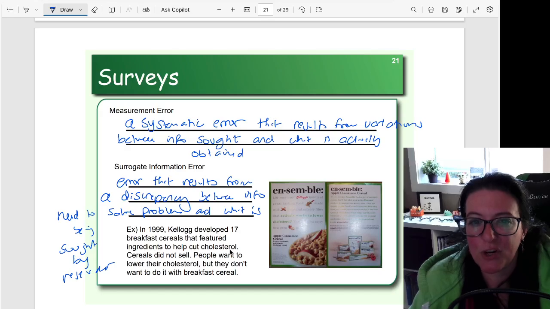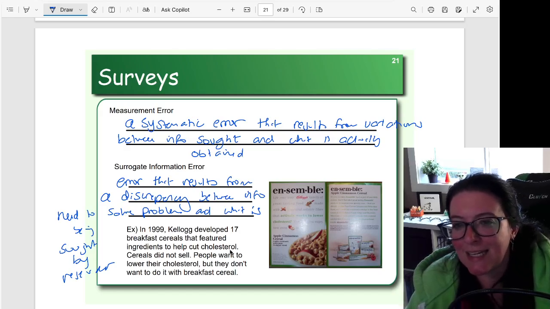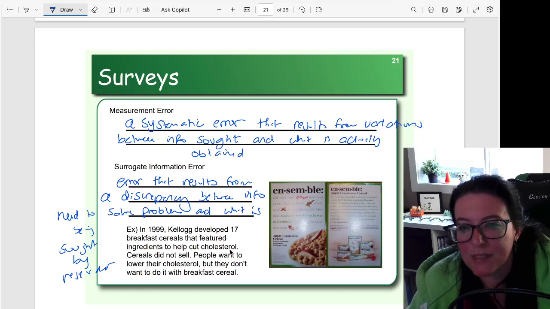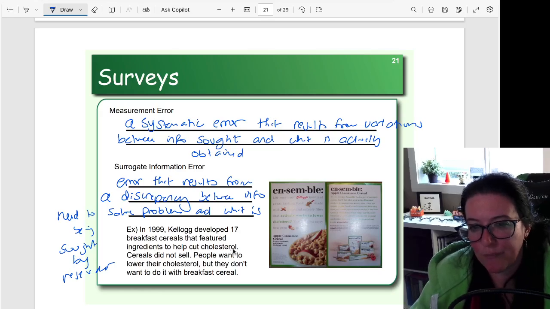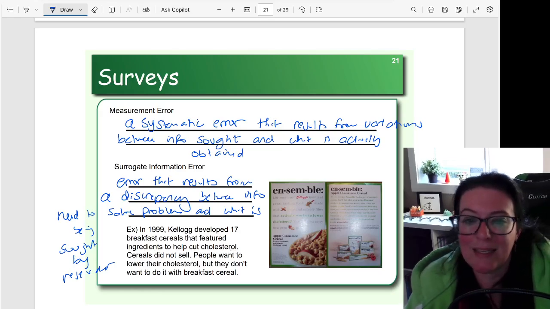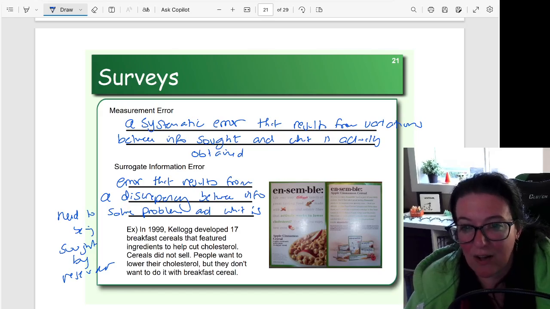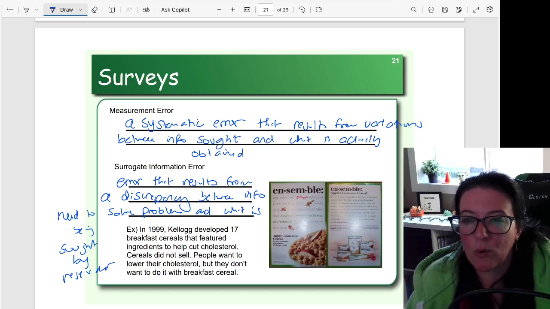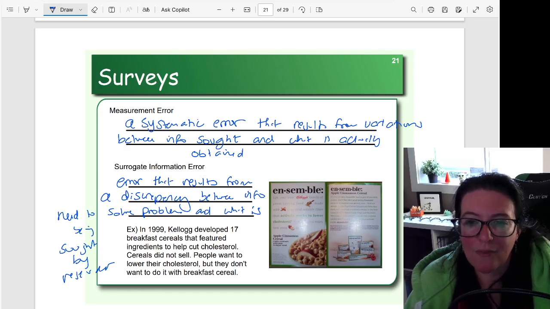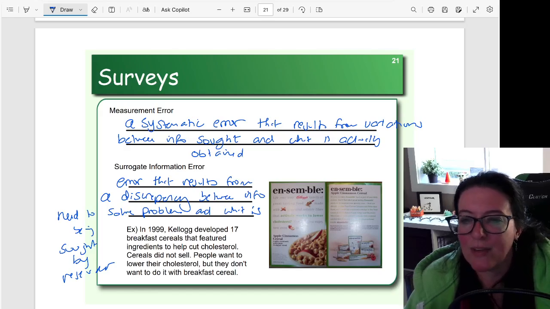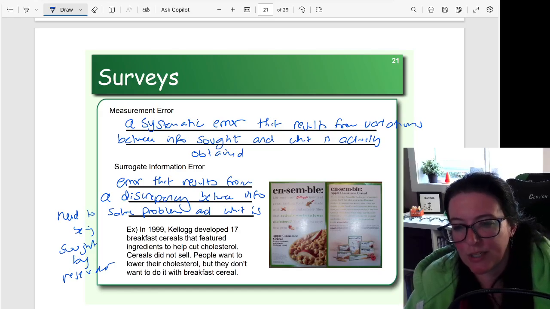An example of surrogate information error was in 1999, Kellogg developed 17 breakfast cereals that featured ingredients to help cut cholesterol. Now, the problem is that these cereals did not sell. Yes, people wanted to lower their cholesterol, but they didn't want to do it with breakfast cereal. And so by not having clear information in terms of what we are looking at and the decision that would be made, then we're asking the wrong questions here.